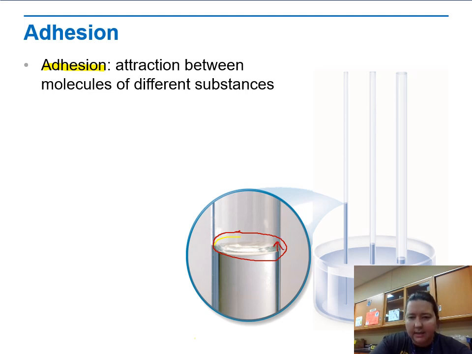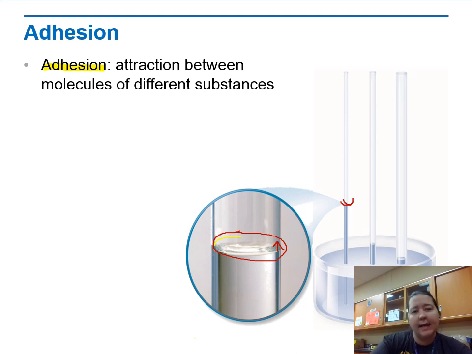Okay, and you can kind of see it. And if you remember from previous science classes, when you're reading a graduated cylinder, you have to read that meniscus, okay? Because what happens is the water is actually traveling up the glass, and that's actually adhesion. So that's the water is actually just sticking to the glass and kind of pulling itself up a little bit.